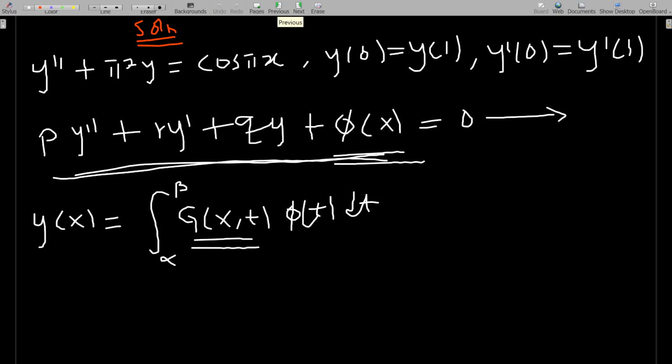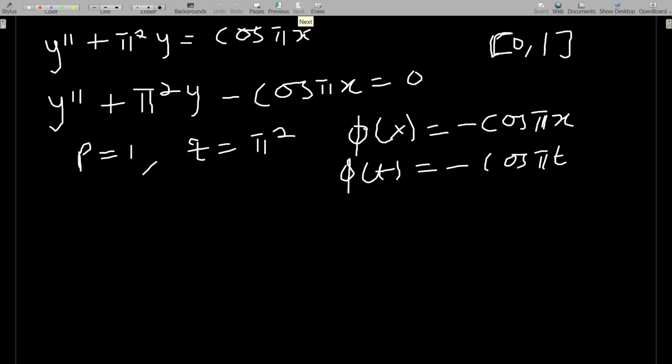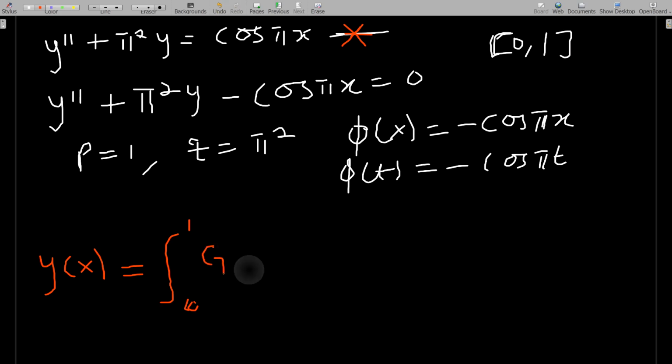So if I use this method, for this particular question, our solution should look like this: y of x equals the integral from 0 to 1. You write the solution, then go and look for the unknowns and put them here. Then g of x,t times phi of t, and phi of t is negative cos pi t.